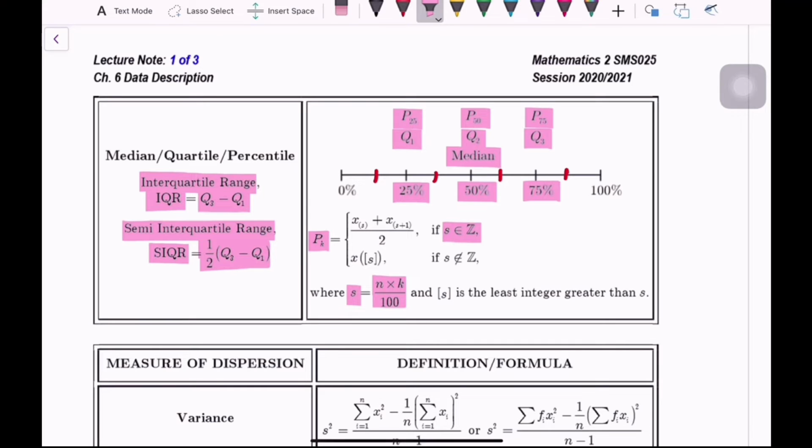The observation of P is x of S plus x of S plus 1, over 2. And if S is not an integer, the observation of Pk is x of S, where S is the least integer greater than S.